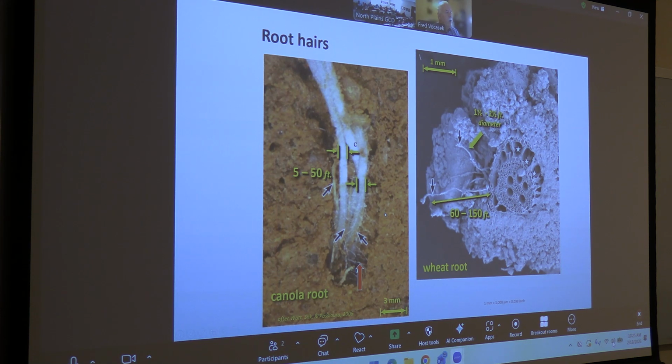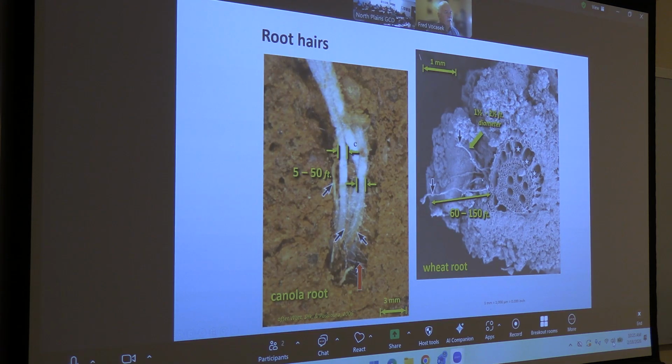Now, when you look at a root system, you dig up a plant root, and let's take this wheat root for example. The white root you see doesn't really take up much water. It's the root hairs, the fine fuzz that grows microscopic out of that root, that actually absorbs water and absorbs nutrients.